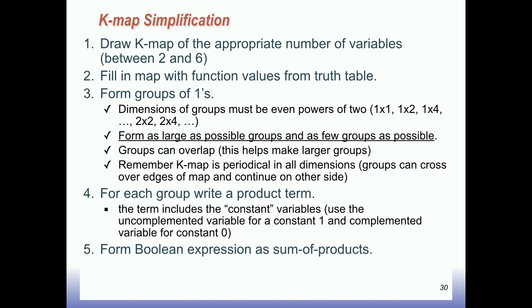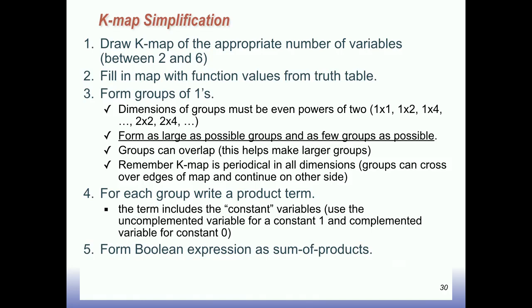Whatever it is, the dimensions of the group have to be powers of 2. You form as large as possible groups and as few groups as possible to cover all the 1s. So we're going to have to, at one point or another, cover all the 1s. Right? The fewer the groups, the fewer terms you're going to have in your final equation. The larger the group and the fewer the groups, the simpler your equation is going to be.